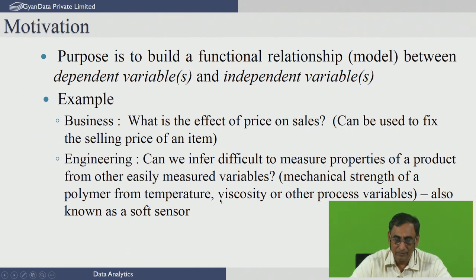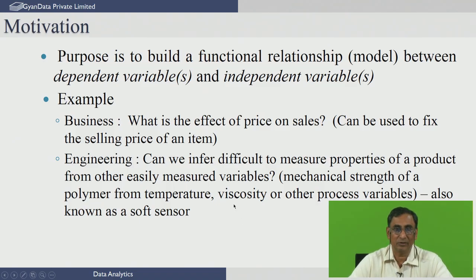First you develop a model, then you can use the model to predict mechanical strength given temperature and viscosity. Such a model is also known in the literature as a soft sensor or a software sensor, and this model is very useful in practice to continuously infer values of variables which are difficult to measure using an instrument. Indirectly you are always inferring it through this model and other variables.